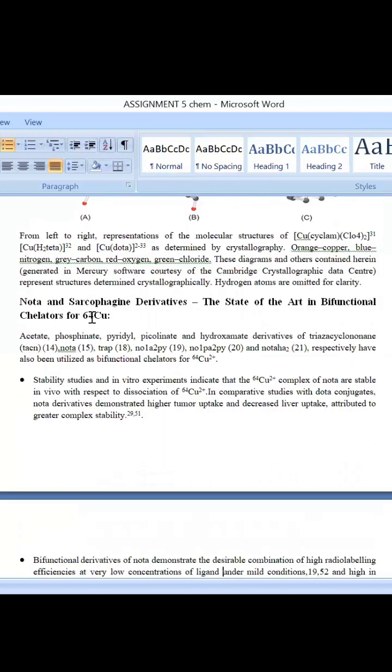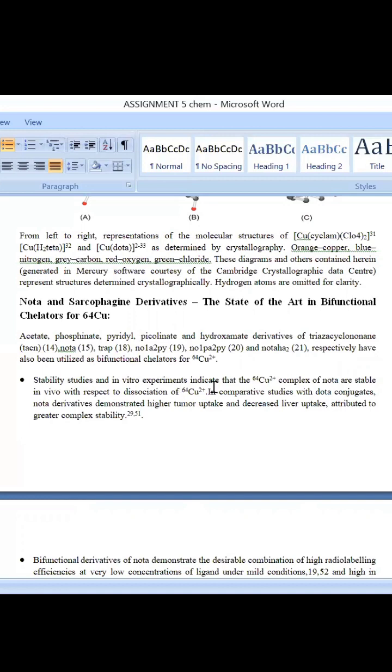Next point is NOTA and cross-bridged derivatives, the state of the art in bifunctional chelators for 64Cu. Acetate, phosphonate, pyridyl picolinate, and hydroxamate derivatives of triazacyclononane, NOTA 15, TRAP 18, respectively, have also been utilized as bifunctional chelators for copper 64.